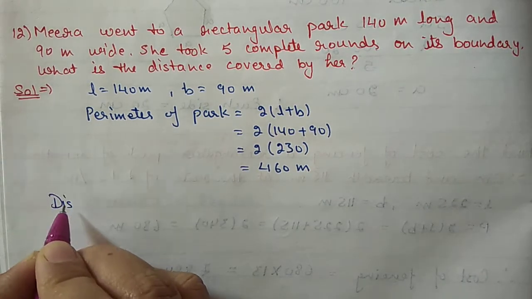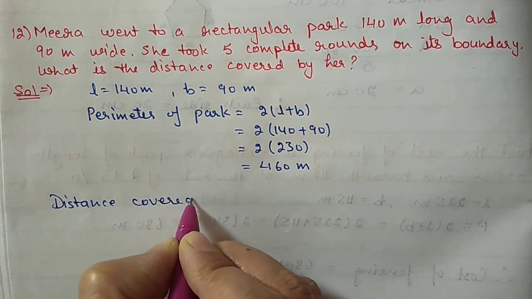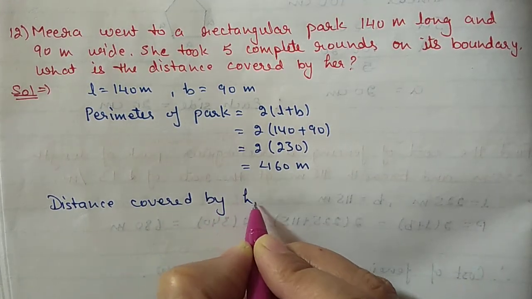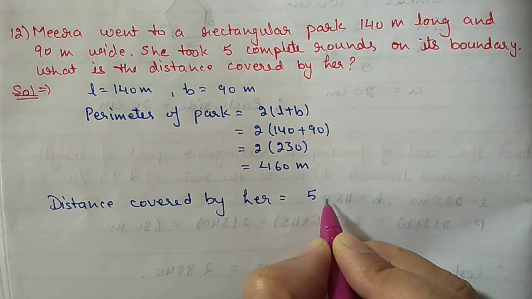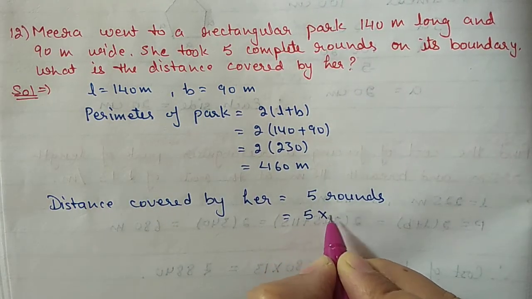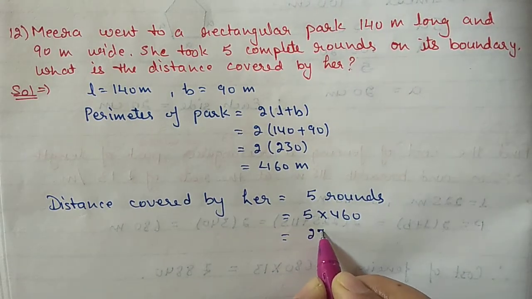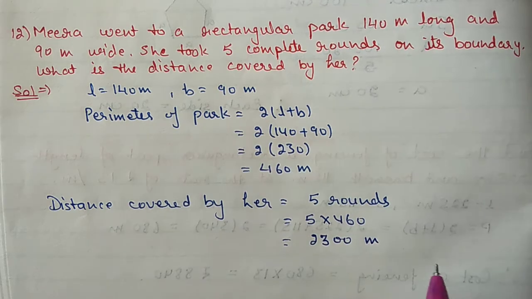Distance covered by her is equal to 5 rounds, 5 into perimeter 460. After multiplication we get 2300 meter.